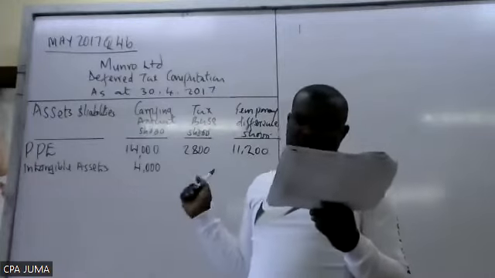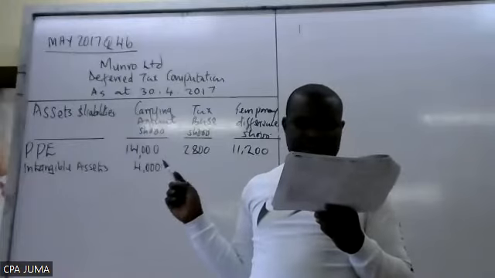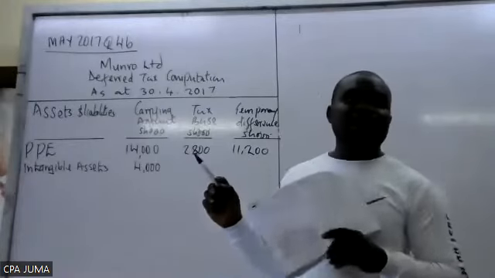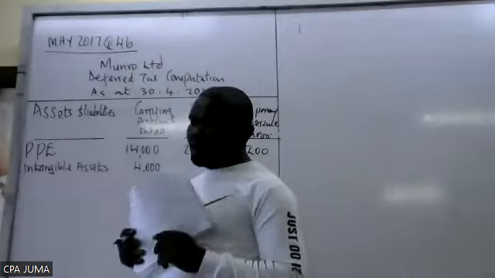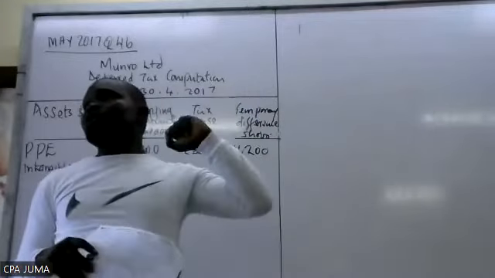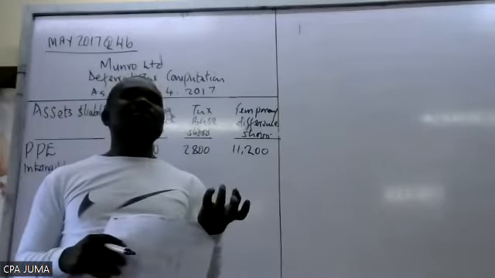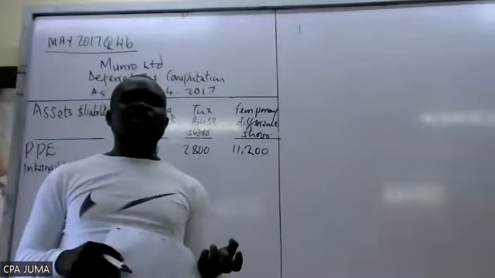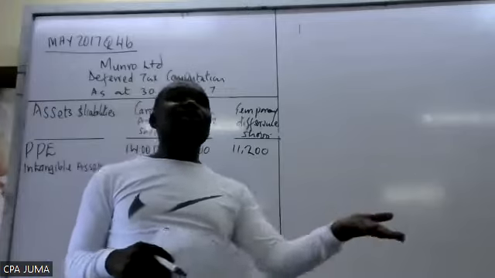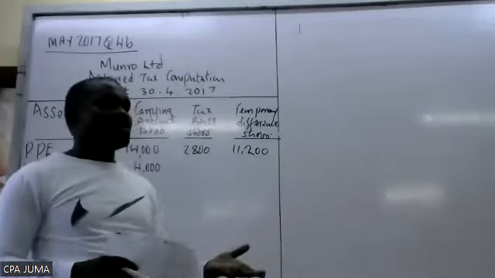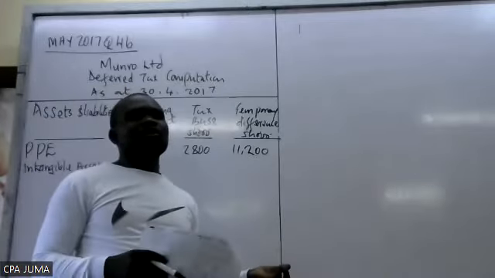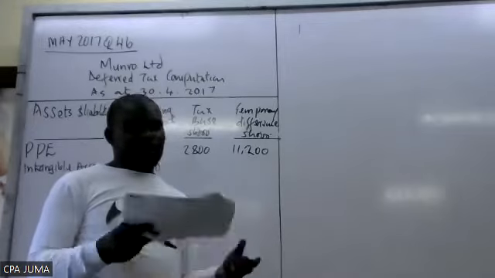The intangible assets comprise development cost, which is tax deductible when the amount is paid out. So listen, they are saying it is tax deductible when amount is paid. Tax deductible means you are allowed. So if it's allowed, it's not payable. The tax should not be assessed at that point.